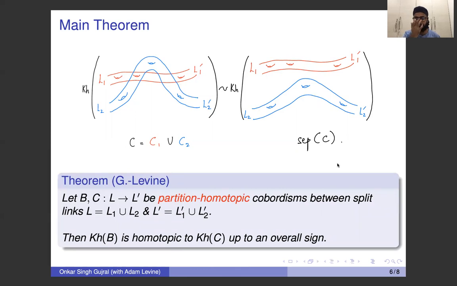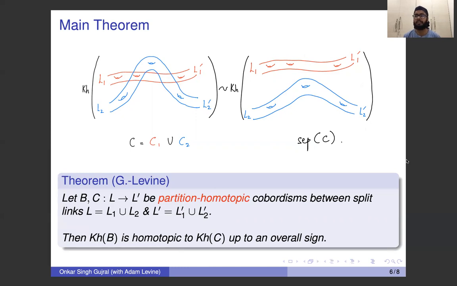So now we state the main theorem in slightly technical language using the definitions we used before, but the main picture that captures this theorem is the one we just discussed. Suppose you have two cobordisms B and C that go from links L to L prime, and these cobordisms are partition homotopic cobordisms traveling between split links.